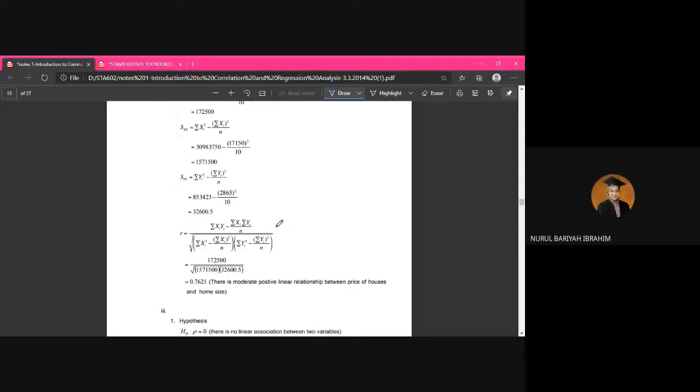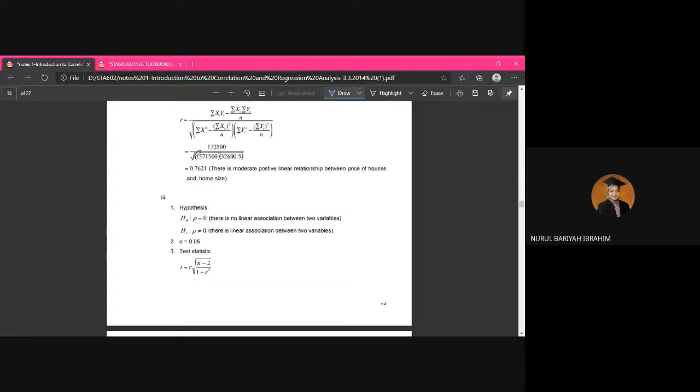Actually, dalam your calculator pun, you boleh dapatkan terus nilai R, but for the exam oriented, you kena tulis semua, kena calculate the value of R here, the value of Sxy, Syy, semua ni kena tulis, make sure kena ada calculation, how you get the final answer.